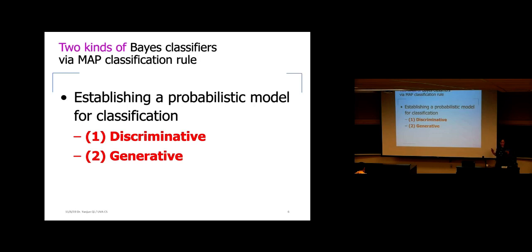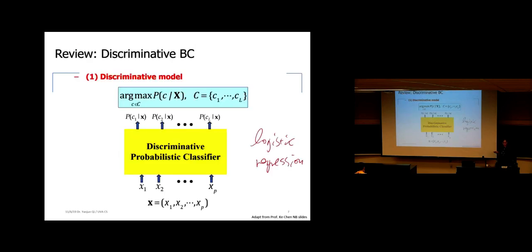We can separate Bayes classifiers into discriminative Bayes classifiers and generative Bayes classifiers. The difference is that discriminative classifiers directly model P(C|X). Your input is X1 to Xp, and your model directly gives you this conditional probability of C given X. Multi-class logistic regression does exactly this; logistic regression is for the binary case.